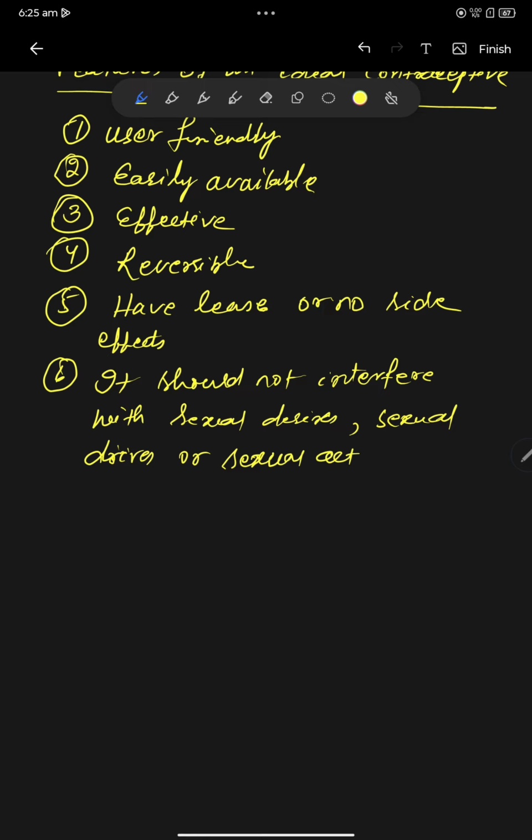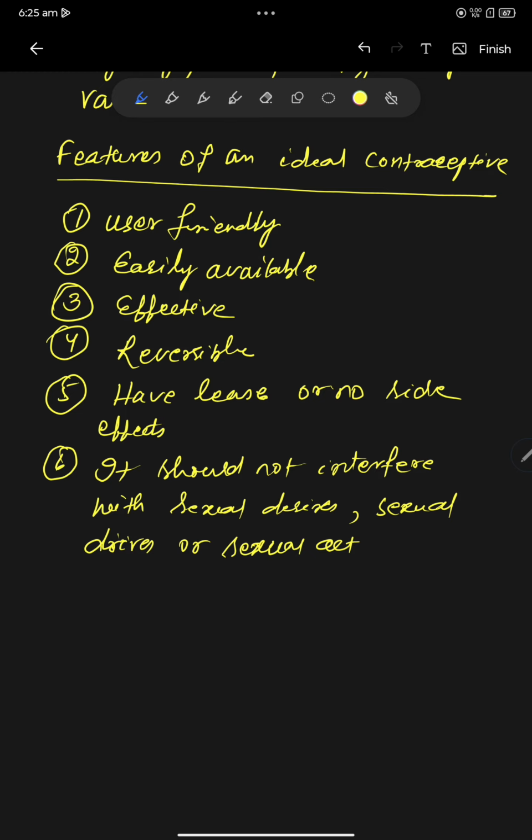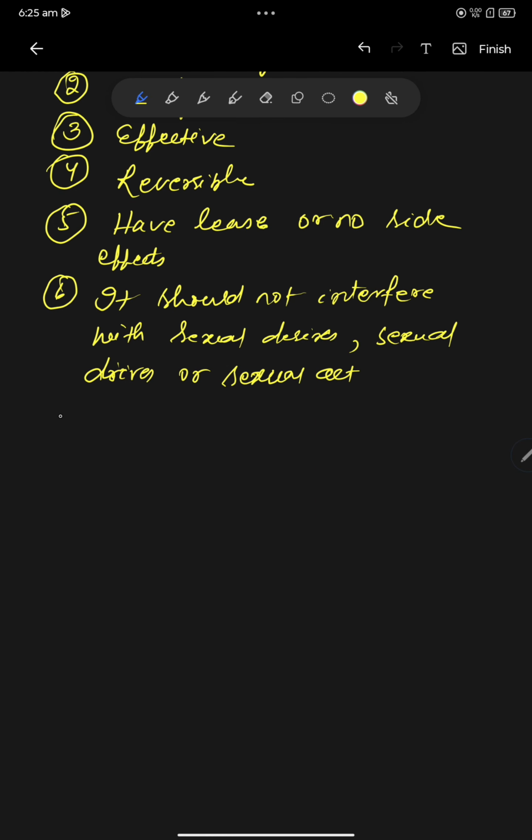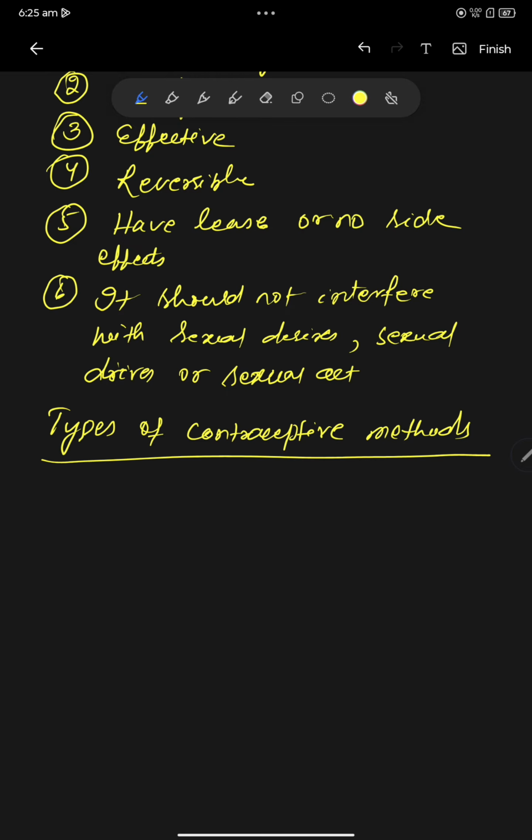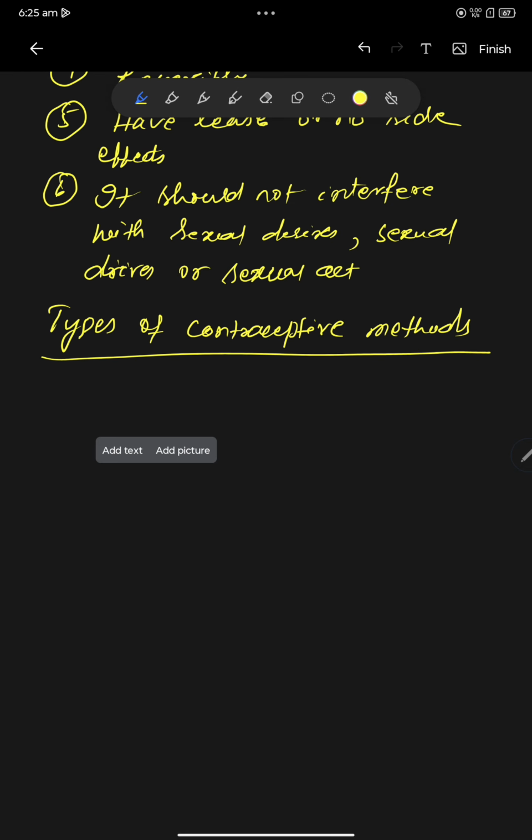So these are the features of an ideal contraceptive. Now let us discuss the types of contraceptive methods. So the methods are natural or traditional.